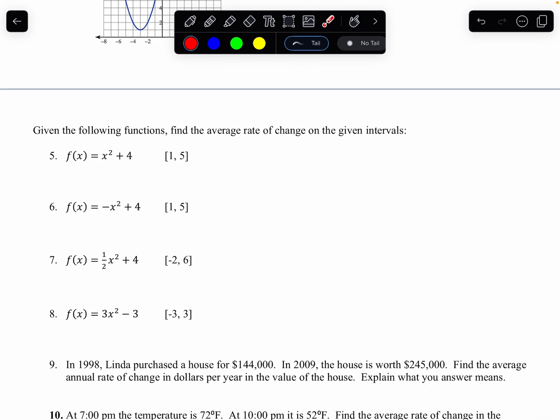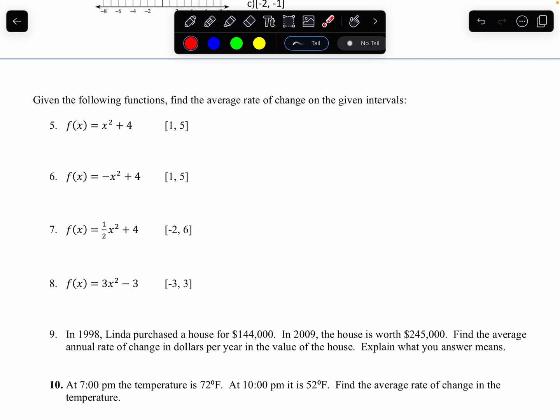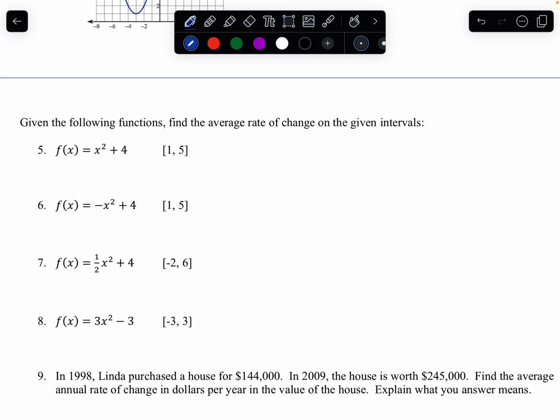All right, we have 5, 6, 7, and 8. Given the following functions, find the average rate of change. We have the interval, and we have a function this time. Notice that we're just doing the same thing, but we're given different information. This one we're going to use the formula again, so we're going to do y2 minus y1 divided by x2 minus x1.